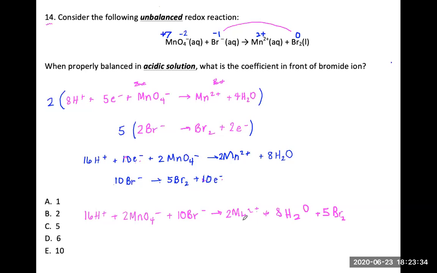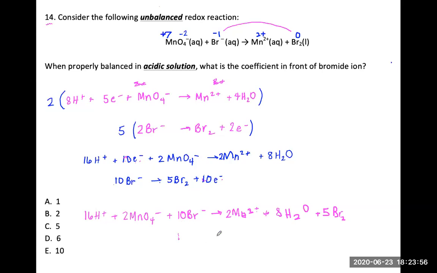Okay, so I think we're done, but one way we can check again is to make sure our charges add up to be the same things on both sides of the reaction. So then on the left, we can see we have 16 minus 2 minus 10, so that's going to be 4 plus.